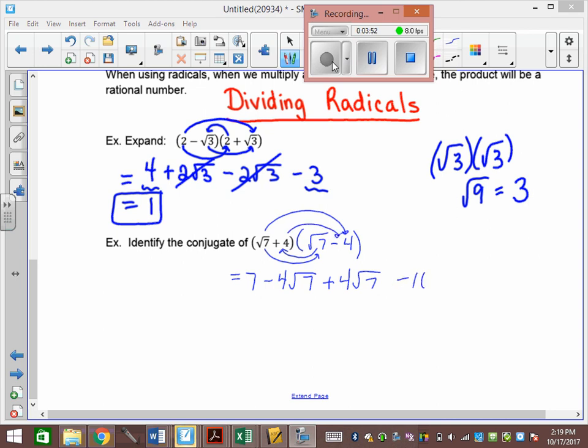What happened to the middle terms? They canceled. What happened to the middle terms in the previous one? They canceled. So when you multiply two conjugates together, what happens to the middle terms?